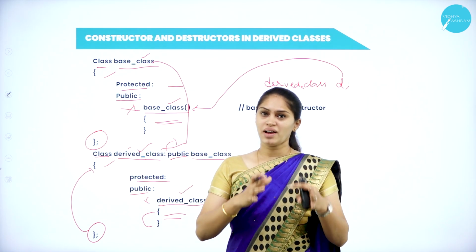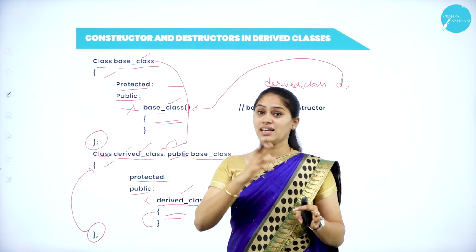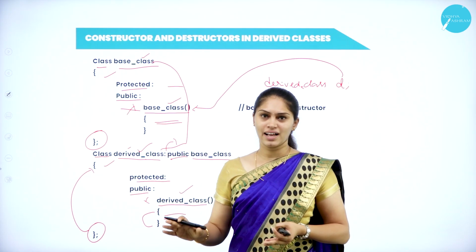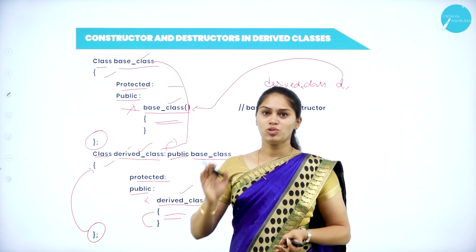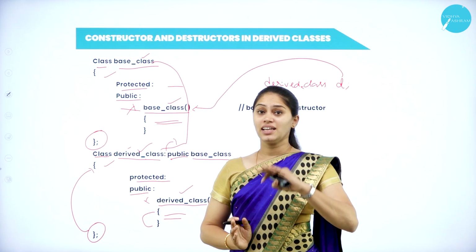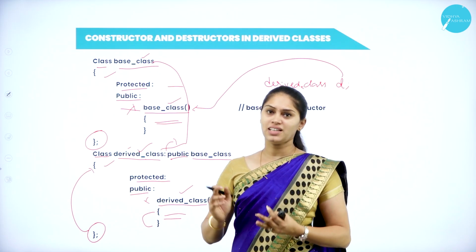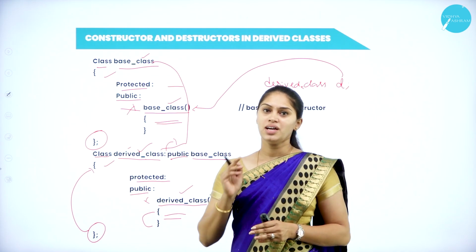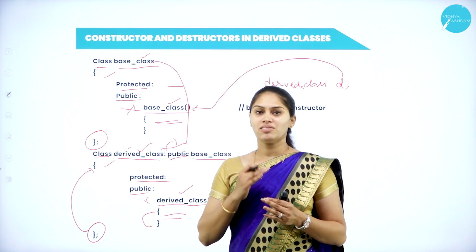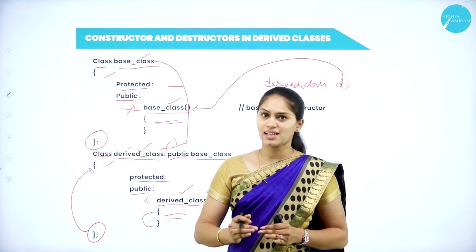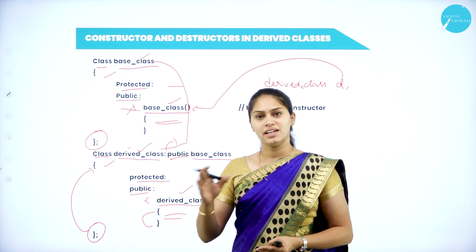That means if I am using the destructor in the derived class, then that will be called first, and it will destroy the resources which are allocated in the derived class. After that, the control will be moved back to the destructor of the base class. Then whatever resources were allocated by the constructor in the base class will be destroyed.